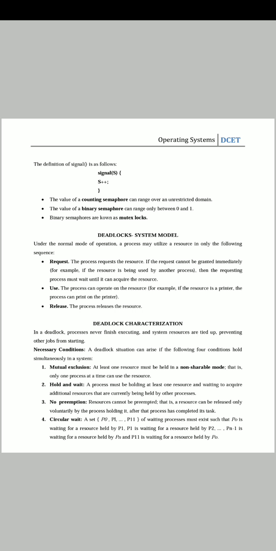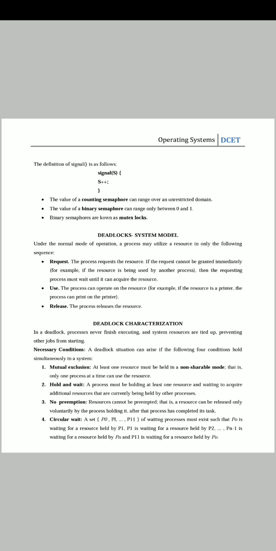For any process to use a resource, it has to perform three basic operations. Before using any resource, the process has to request it. If it is idle or free, then that resource will be allocated to that process. If it is not free, that process has to wait until the other process has released that resource.